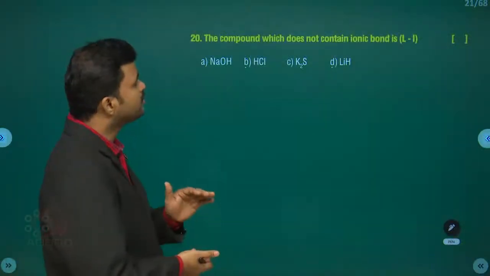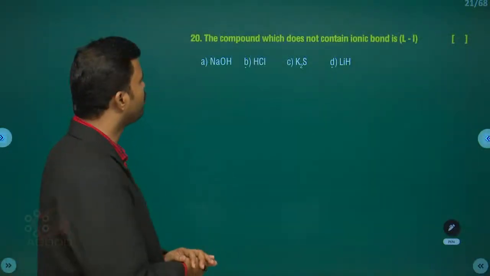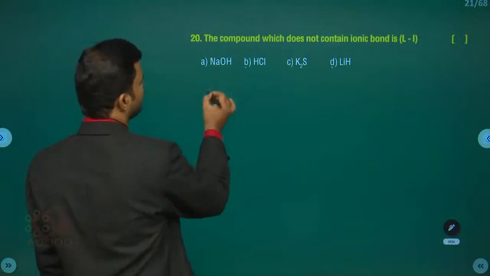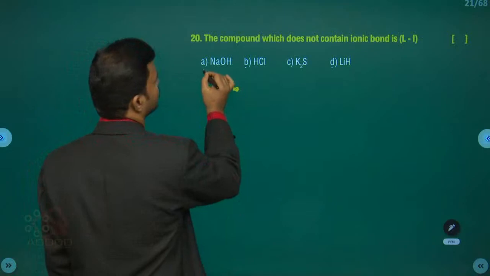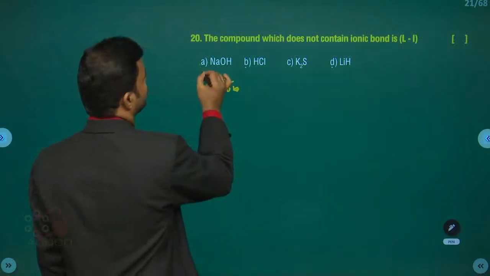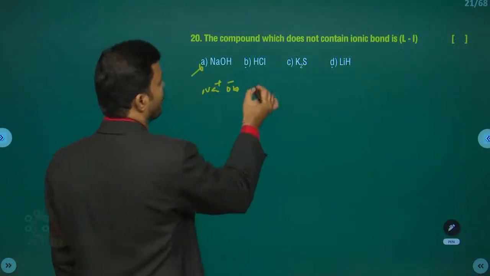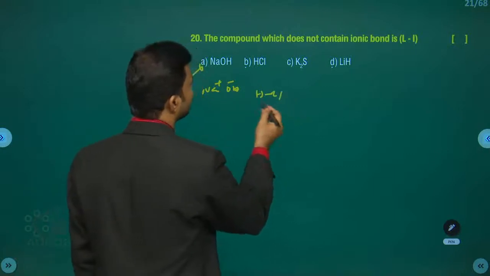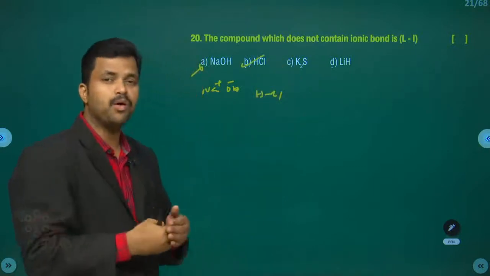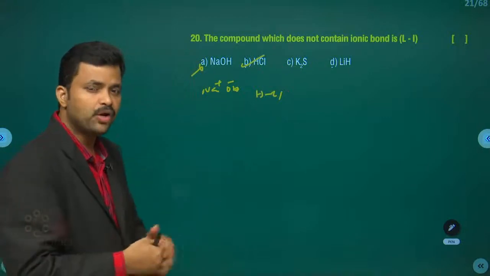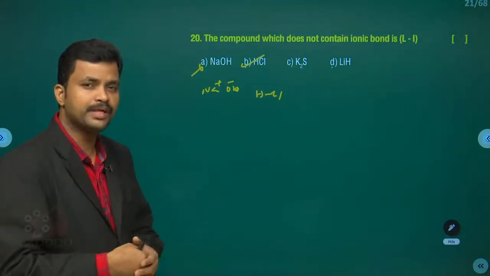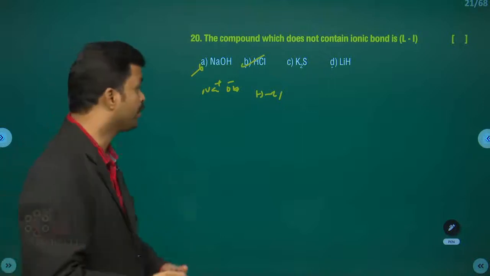The compound which is not ionic: Na plus and OH minus is an ionic compound, and HCl is a covalent compound. If the bonded atoms' electronegativity difference is less than 1.7, it is covalent; more than 1.7, it is ionic.